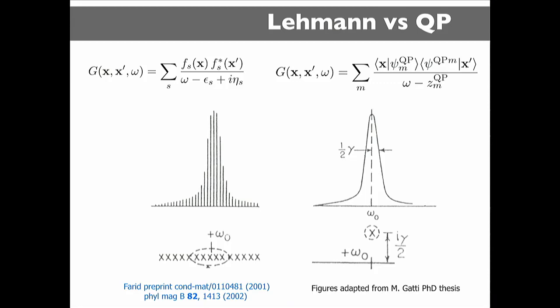So this is the picture, if you want, the density of states, spectral function integrated, that we have out of the Lehmann representation. As we said, a lot of states, a feature of the many-body problem, not normalized to one, a second feature of the many-body problem, and these states kind of envelope and form structures, and these structures can locally also be described by, instead of multiple poles close to the real axis, discrete poles far from the real axis.